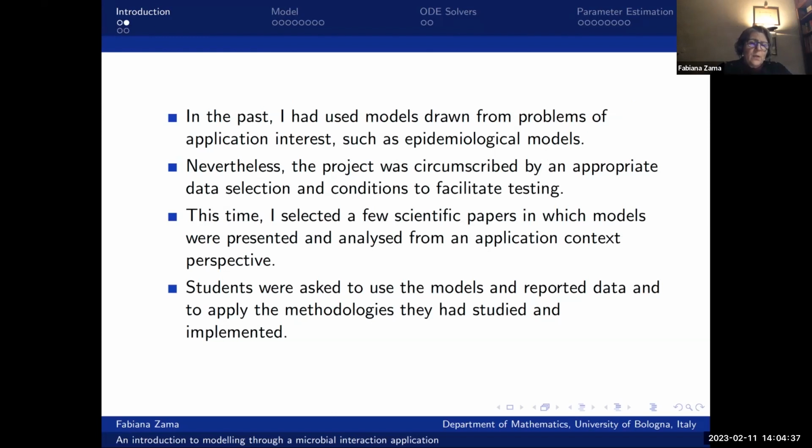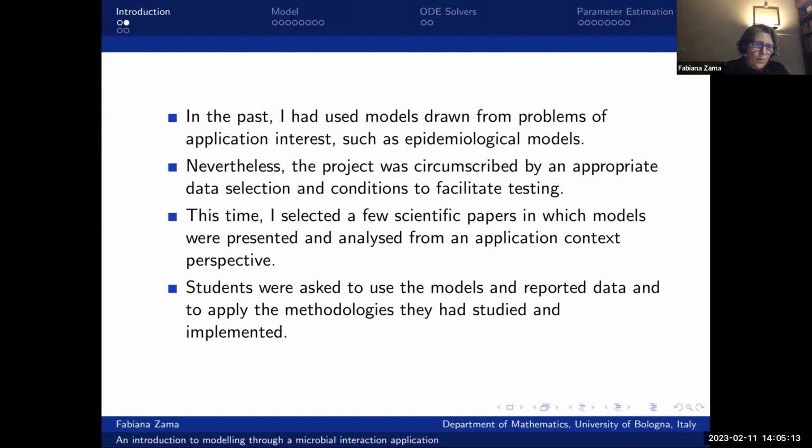In the past, I used models, but I circumscribed them for the specific skill that I wanted to point out in the projects. Now I gave them just a scientific paper, usually recent, but I gave them 2 or 3 scientific papers. I chose one for this talk today, but other groups developed other topics.